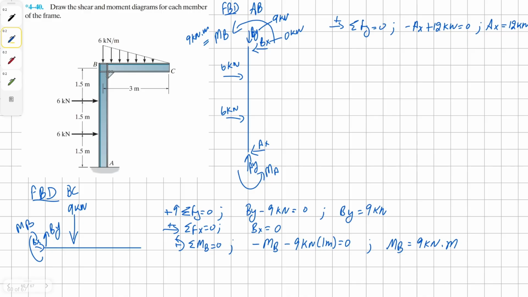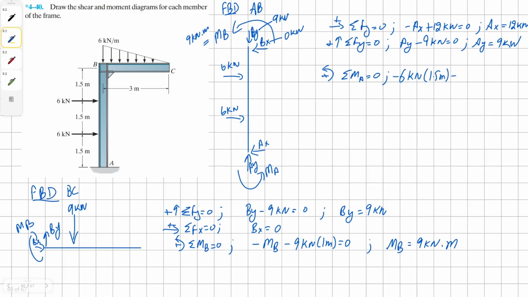Similarly, we can sum the forces in y direction. And we can have Ay plus negative By, which is 9 kilonewton, equals to 0. Ay is 9 kilonewton. And then we're going to take moment about the point A. And this is going to be 6 kilonewton clockwise, 1.5 meters away.